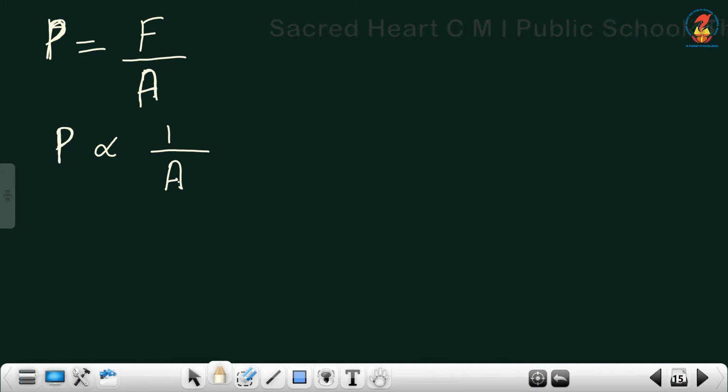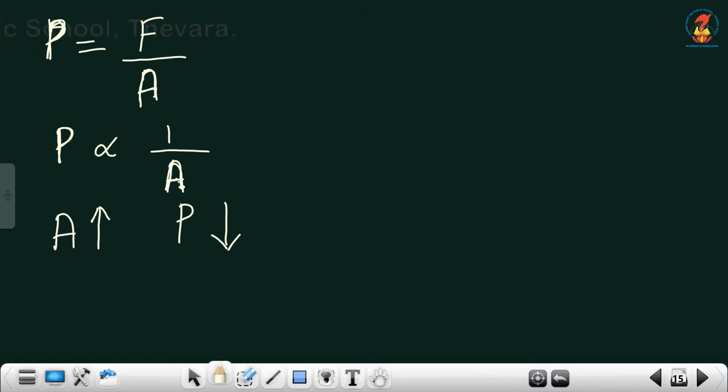Inverse proportion means if area increases, pressure will get decreased. This is the meaning of inverse proportion. If area decreases, pressure will be increased. Opposite action. That is the meaning of inverse proportion.